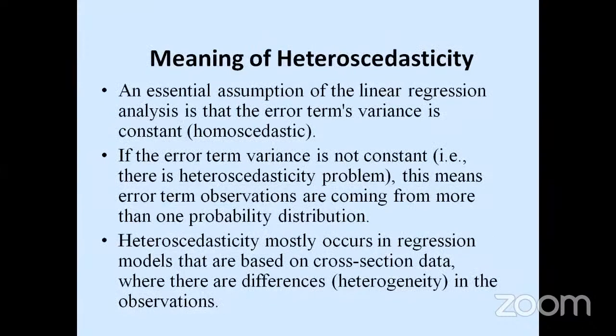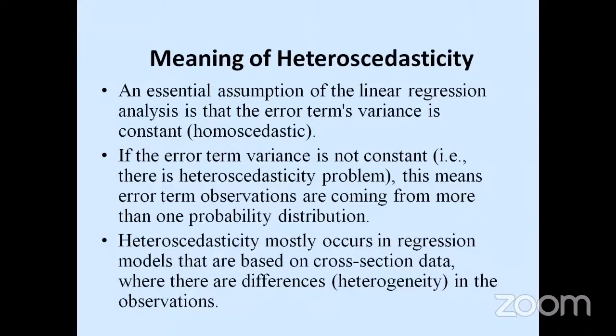So the next thing is called heteroscedasticity. What we have learned till now are the properties of estimation, that is unbiasedness, consistency, efficiency, and sufficiency.